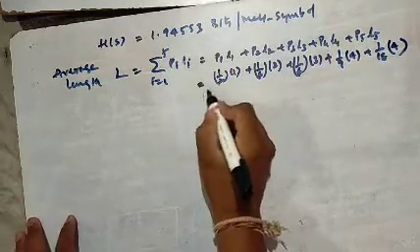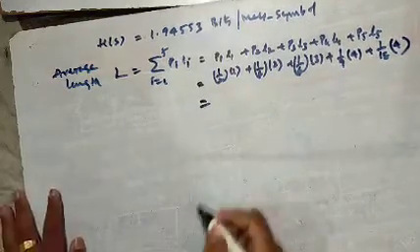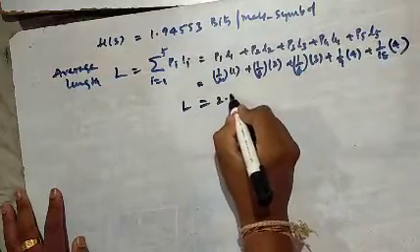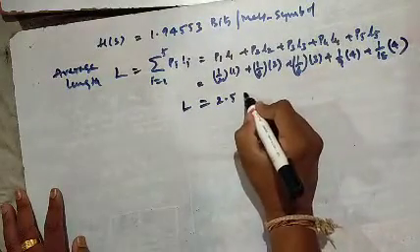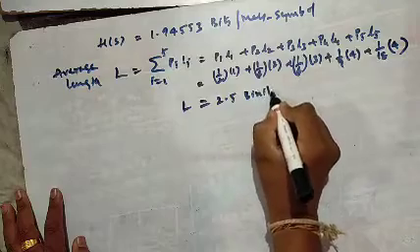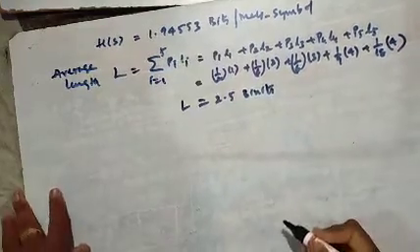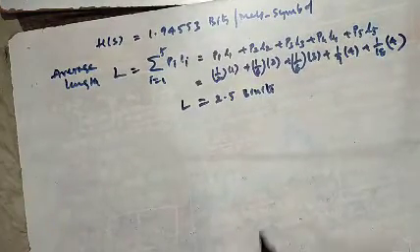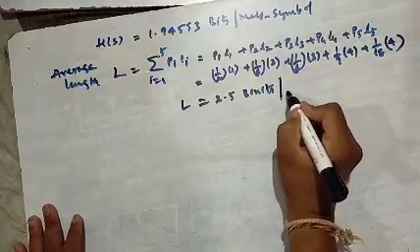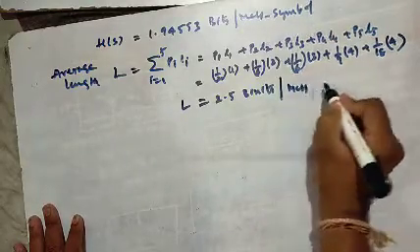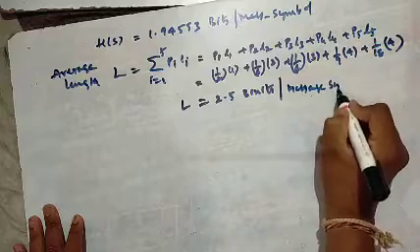And solving this, we will get L is equal to 2.5 bits, binary digits. Bits means binary units, that is binary digits per message symbol.